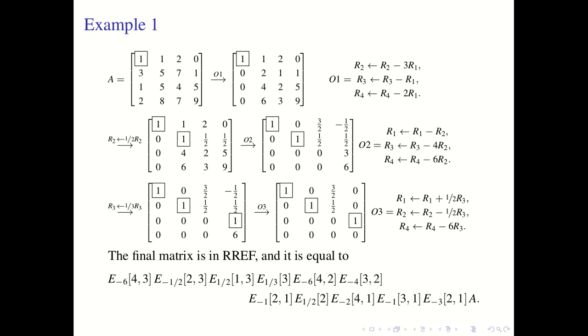So replace R1 by R1 plus half R3, R2 by R2 minus half R3 and R4 by R4 minus 6R3, and the resultant matrix has rows 1, 0, 3 by 2, 0, 0, 1, half, 0, 0, 0, 1 and 0, 0, 0, 0.